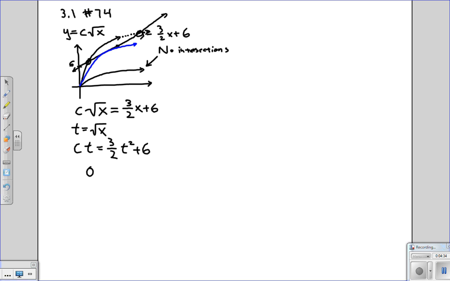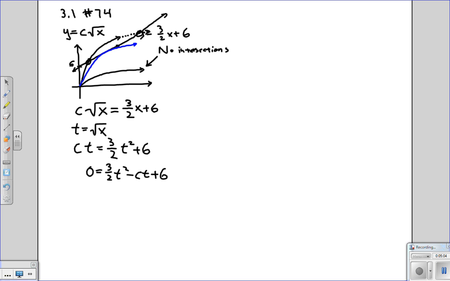So moving all the terms to one side, we have 3/2 t squared minus ct plus 6. This is a quadratic equation, which means in general it has two solutions. But remember, there's a special case when there's only one solution. And that's when the discriminant, that portion of the quadratic formula under the square root, is equal to 0.